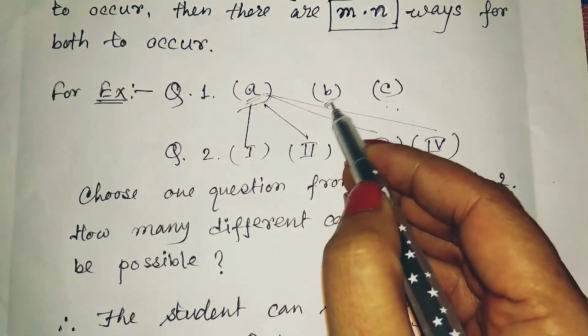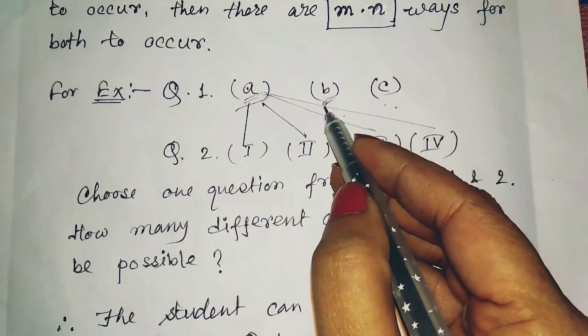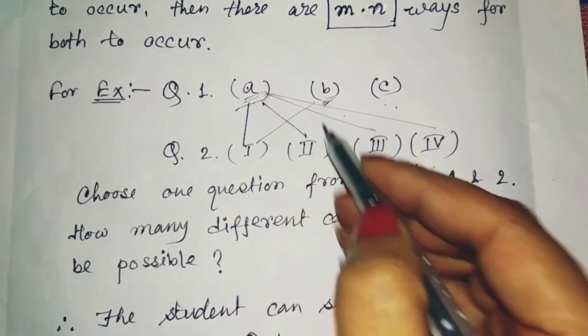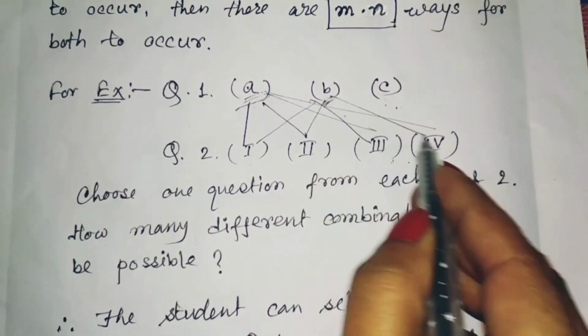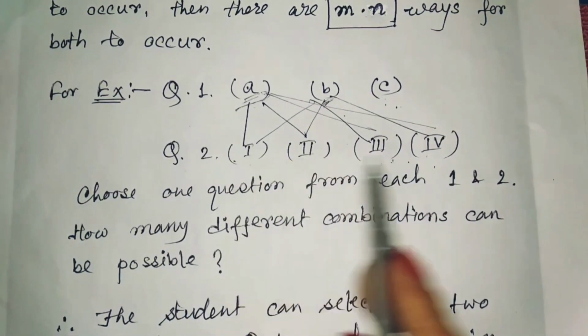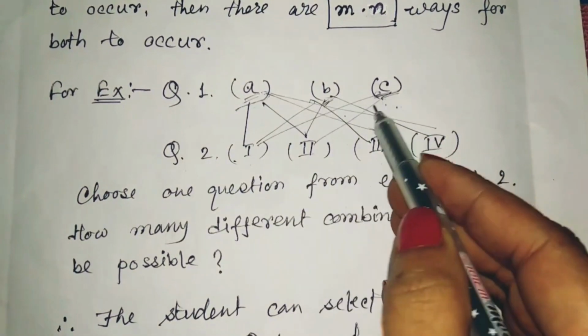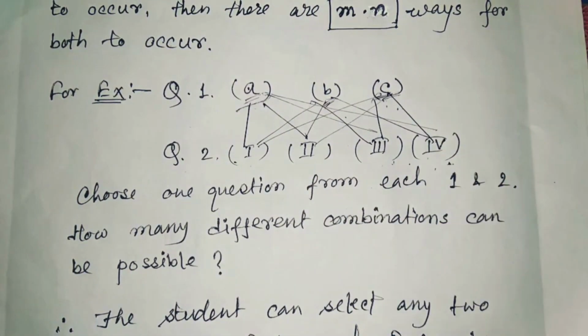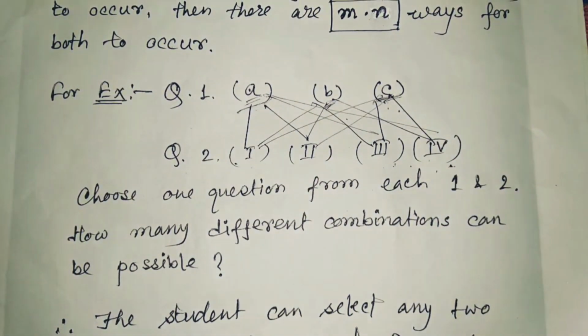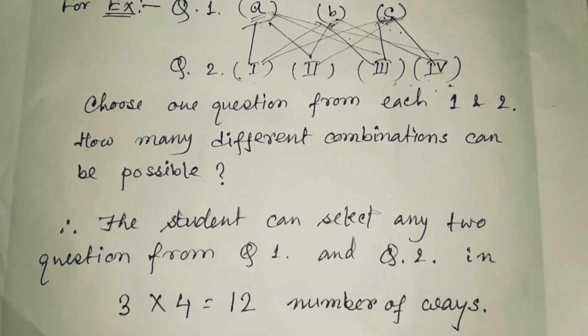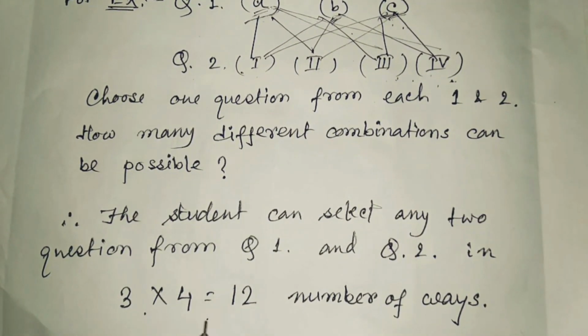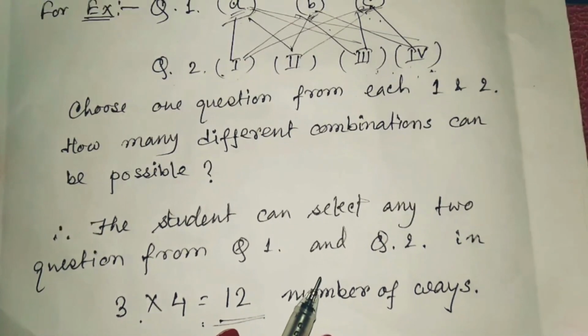Similarly, if someone chooses B, then with B, he or she may choose 1, 2, 3 or 4. So there are again four possibilities. For C also, for one choice, any of these 4 can be selected. So the total number of possible choices is 4 into 3, that is, a total of 12 ways by which the different choices can be made.